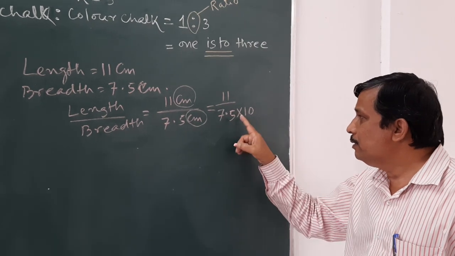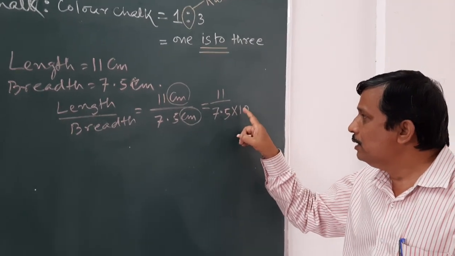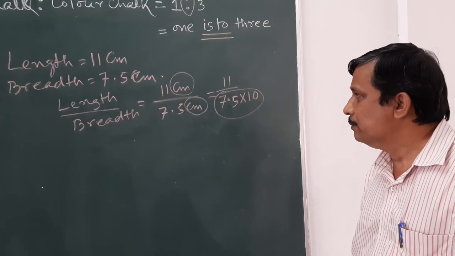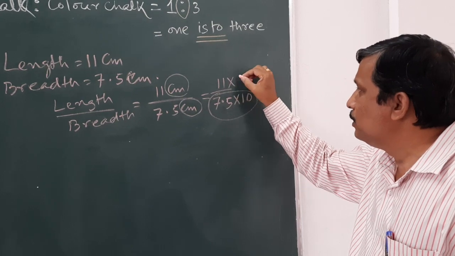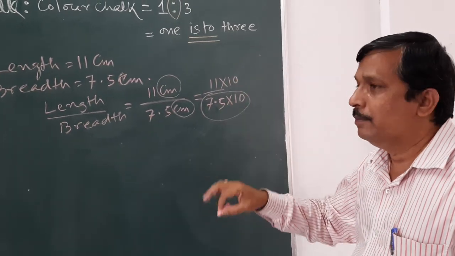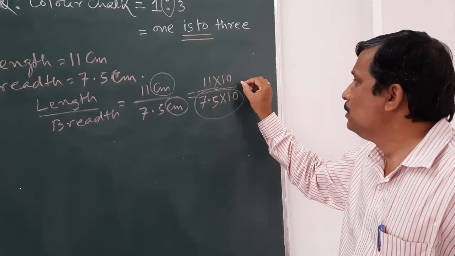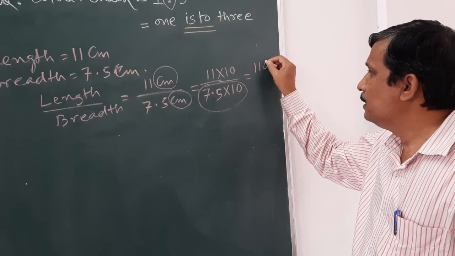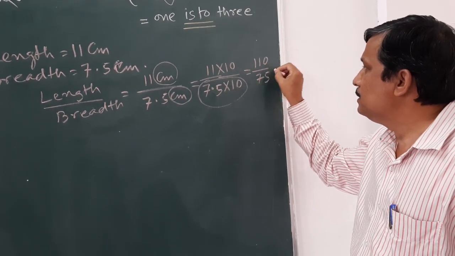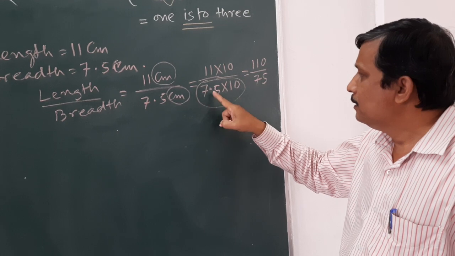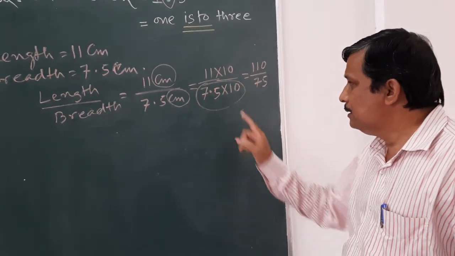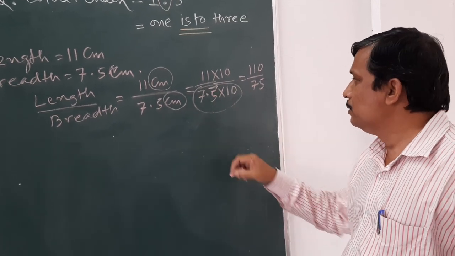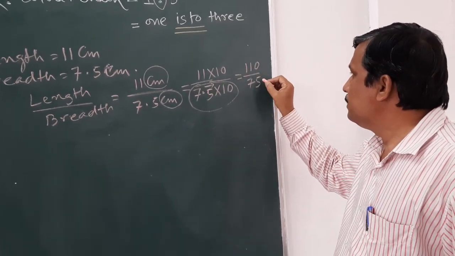But if you multiply by 10 only the denominator, then the value is not the same. So you have to multiply both numerator and denominator by the same number. So when I multiply this by 10, it is 110 and this is 75, because this will remove the decimal point by shifting it one place to the right. Now it is 110 by 75.